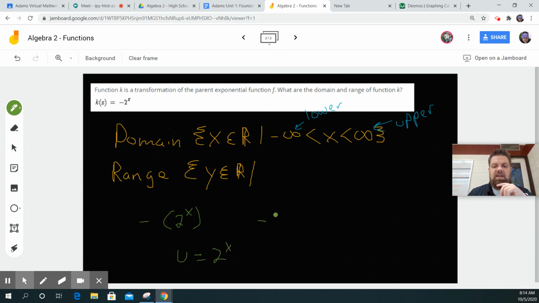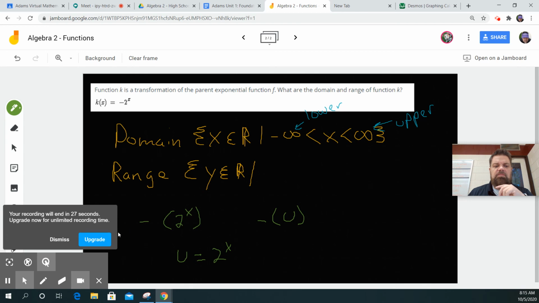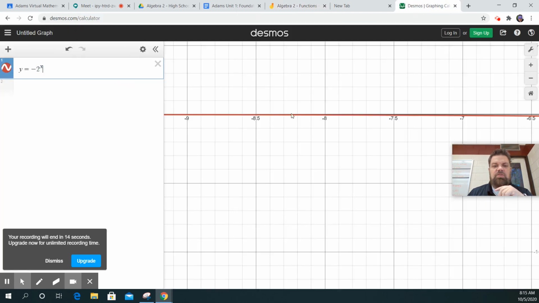I'm basically going to have minus times u. Well, it doesn't matter. U is always going to be a real number. So that answer is always going to be negative. So that means that y has to be less than 0. Okay? And that's what the graph shows. The graph shows that y will always be less than 0 because you have a negative sign. So it's never going to be positive. And it can never be 0. So that's it on that one.